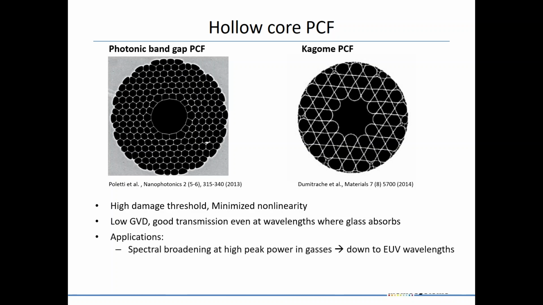For example, you can fill this hollow core with gases, and then you can do supercontinuum generation in gas. This allows you to make a supercontinuum that reaches down to the extreme UV wavelength range. Such systems are already commercially available, and they can be used, for example, for extreme UV lithography.